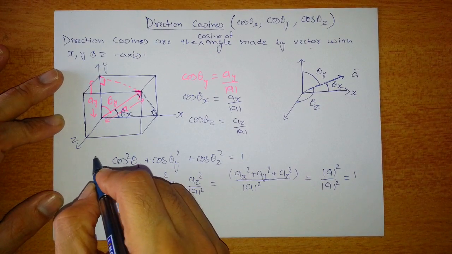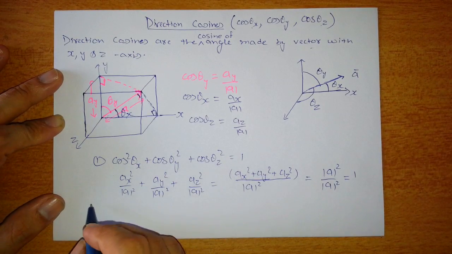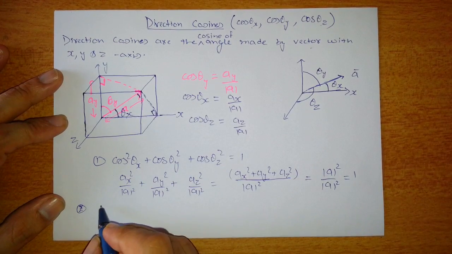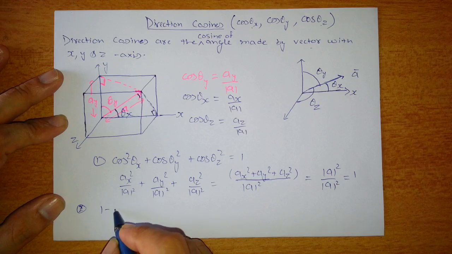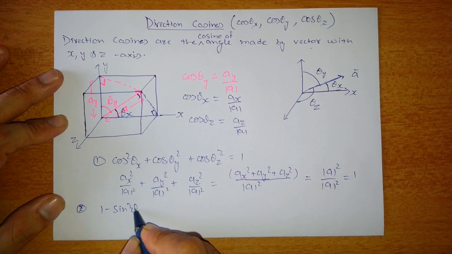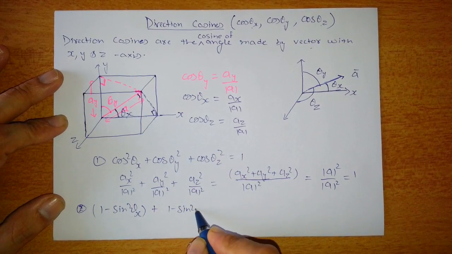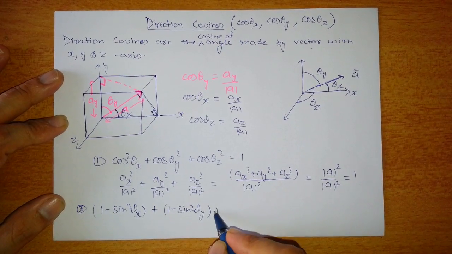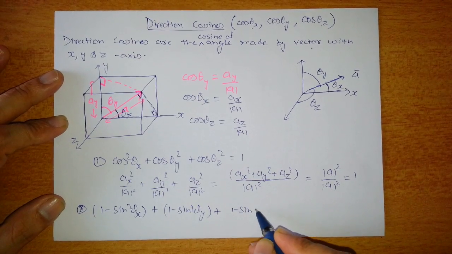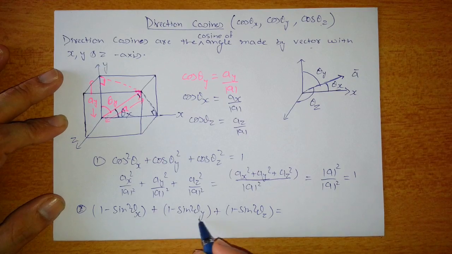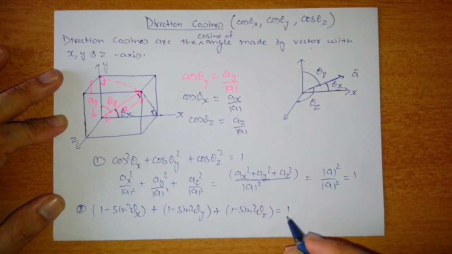This is the first important point. For the second one, we can replace cos squared theta by 1 minus sin squared theta. So 1 minus sin squared theta x, 1 minus sin squared theta y and 1 minus sin squared theta z, all added, will be 1.